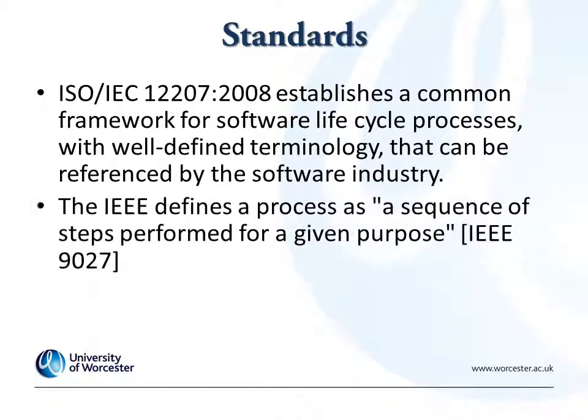IEEE is the Institute of Electrical and Electronics Engineering, and it's a professional association based in the States. Its objectives are the educational and technical advancements of electrical and electronic engineering, telecommunication, computer engineering and allied disciplines.